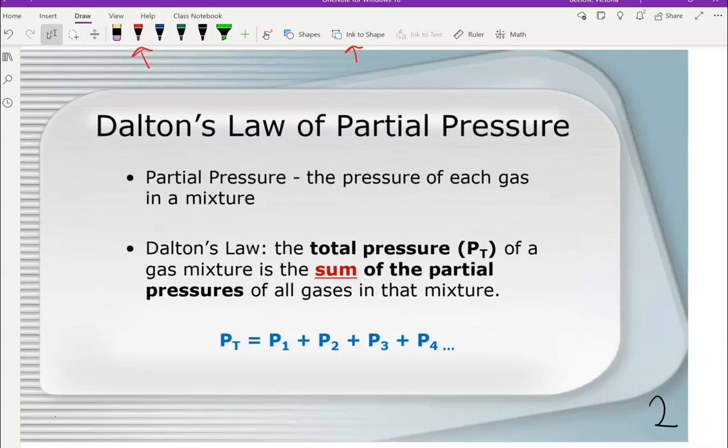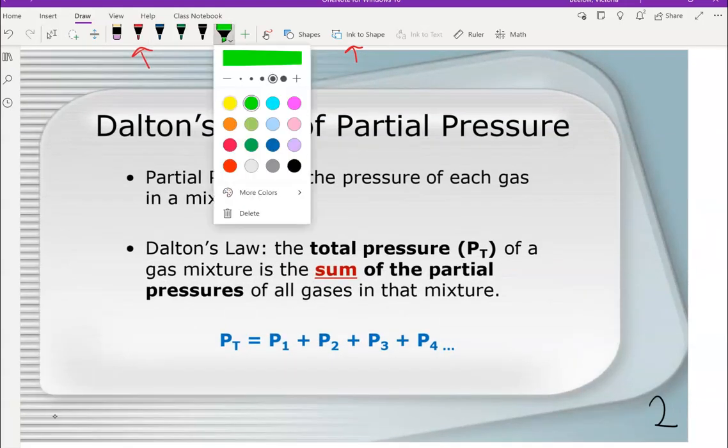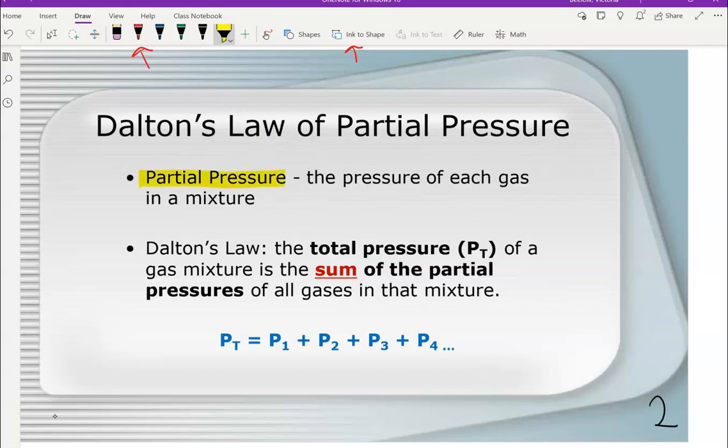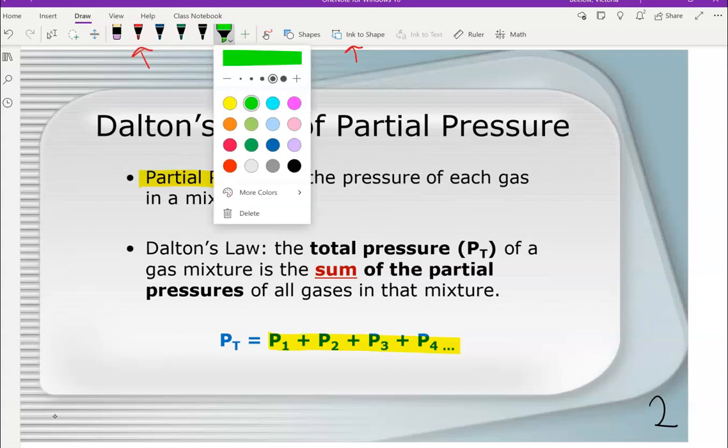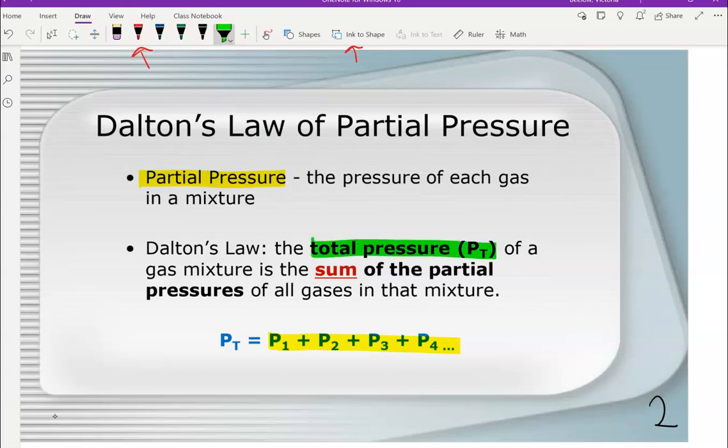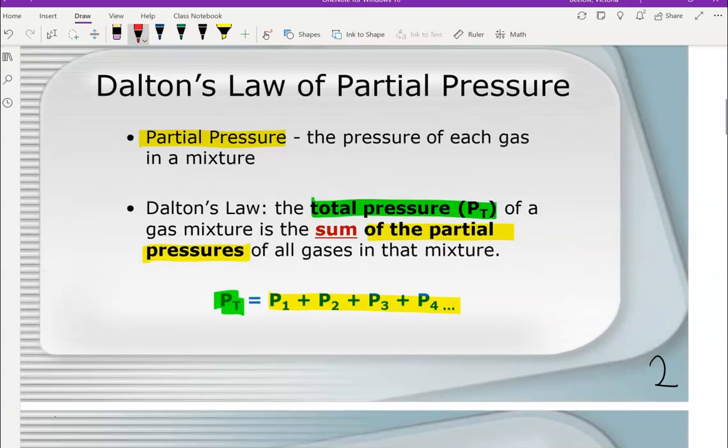Usually we'll refer to these as the partial pressure, because each one of them is partial, it's part of the total pressure. So your total pressure, PT, is equal to each of the partial pressures added together. That's adding up each individual gas's pressure in the container to get the total pressure.